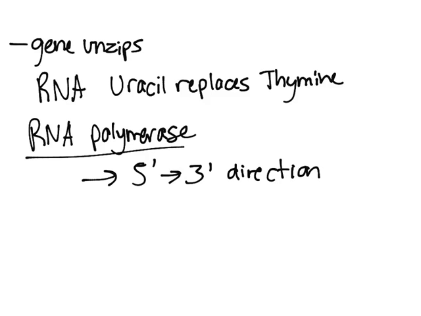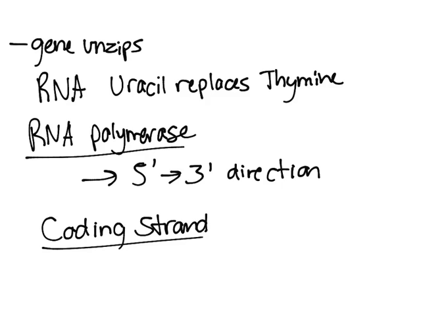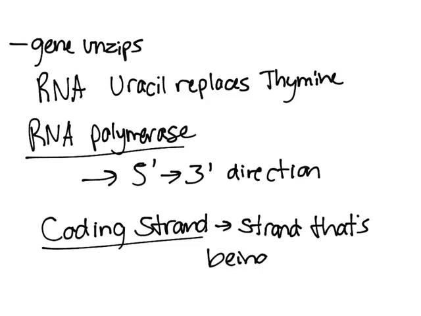Since only one side of the double helix is being used, that strand is called the coding strand. So the coding strand is the strand that's being used to make mRNA.